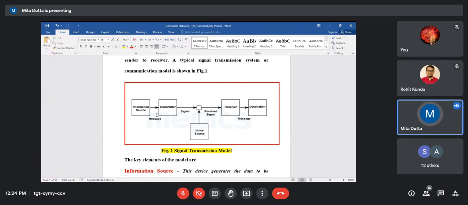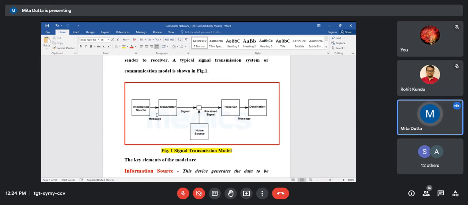Broadband means the signal spectrum will be broader, and in baseband the frequency spectrum of the signal will be narrower, because suppose we want to send a voice signal, it will occupy a specified band.